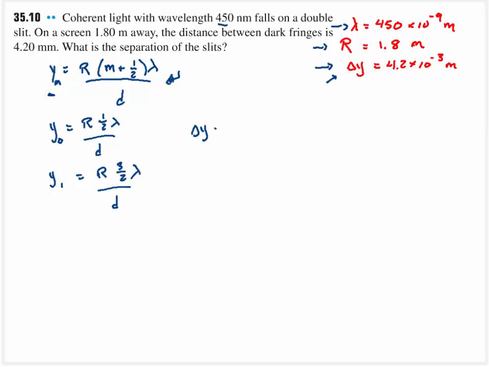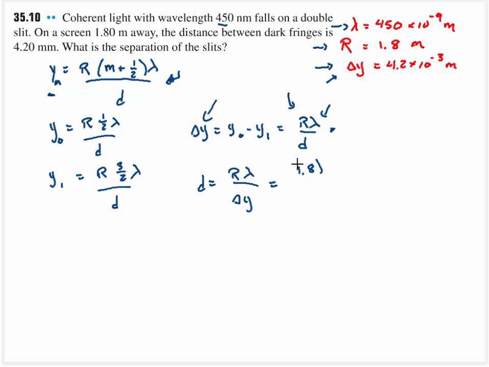So delta y is y1 minus y0, which is simply R lambda divided by d. Now I have an equation where I know everything except d, so I can solve for d. d is going to be equal to R lambda divided by that separation distance.